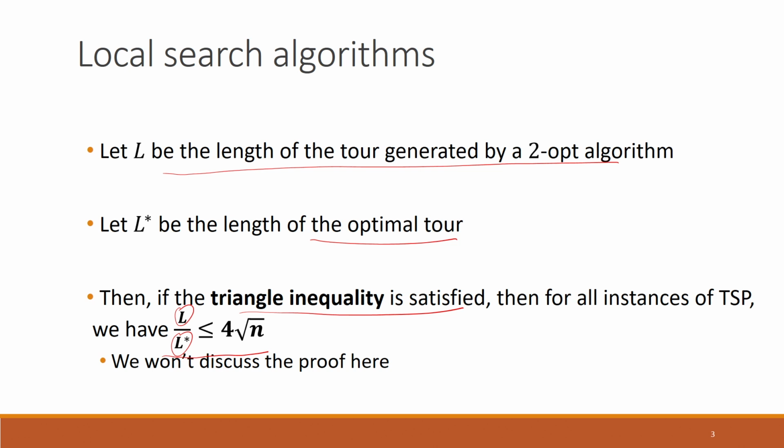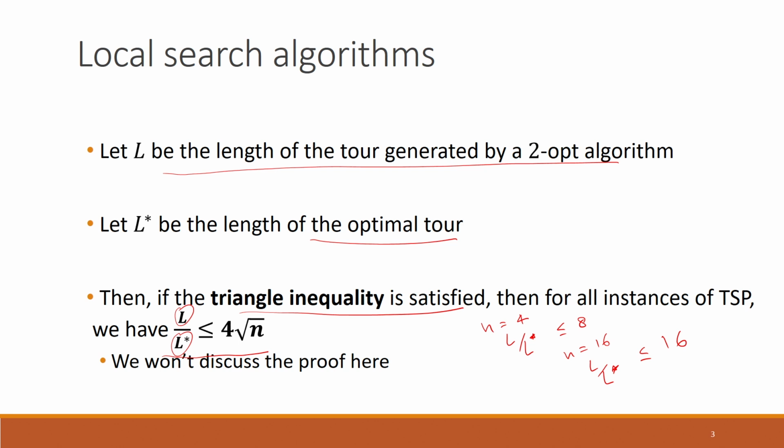For example, if n is equal to 4, then L by L star is less than or equal to 4 times 2, which is equal to 8. Whereas if n is equal to 16, we get L by L star less than or equal to 16.